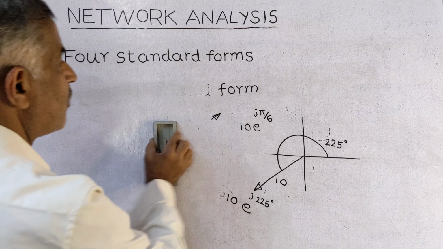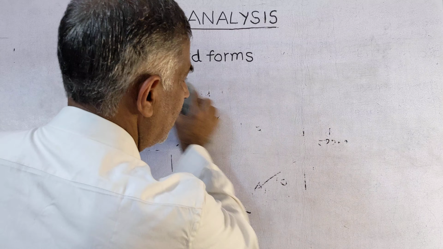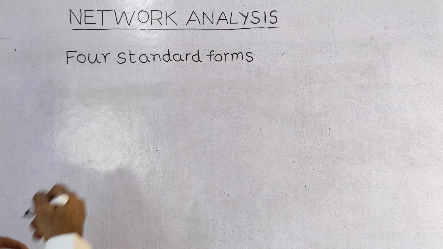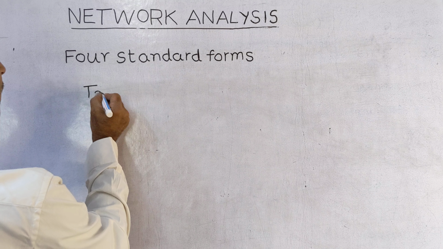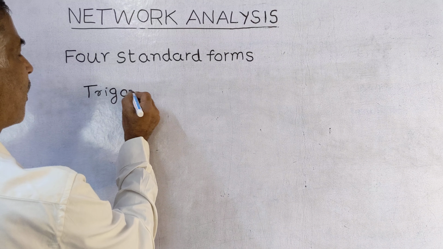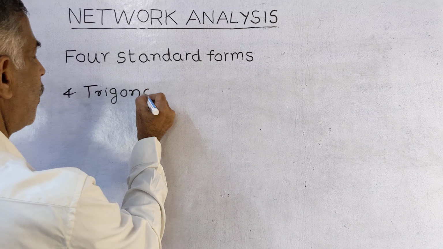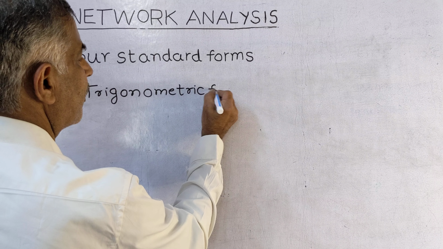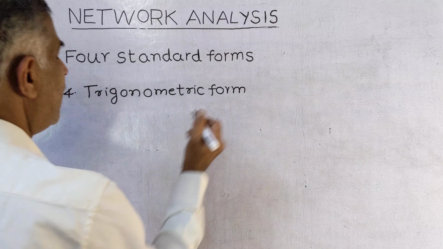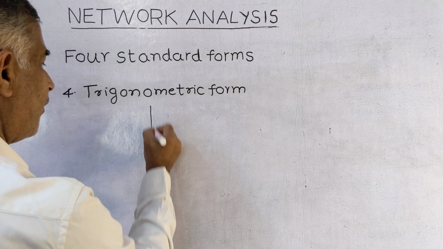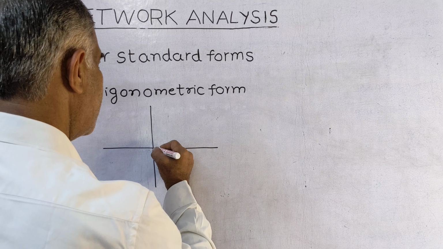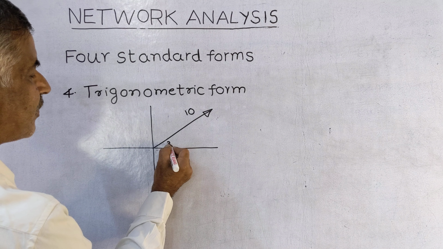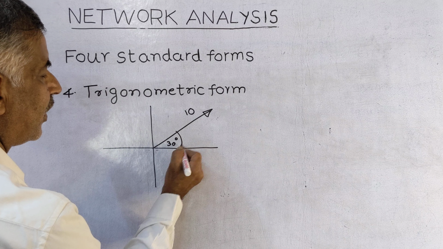The last form is what is known as trigonometric form. Again, this is a phasor of 10 units at an angle of 30 degrees.